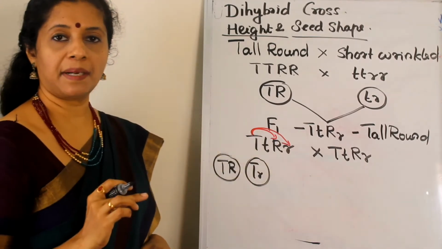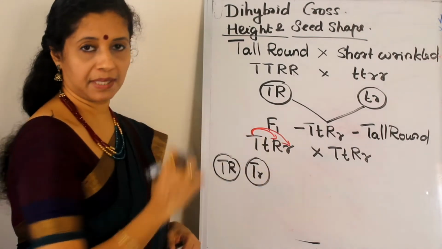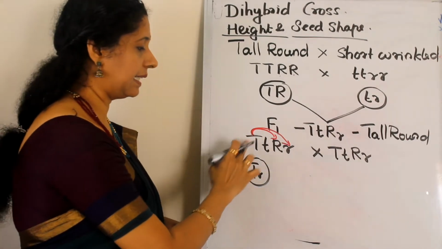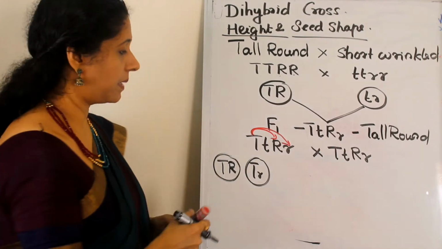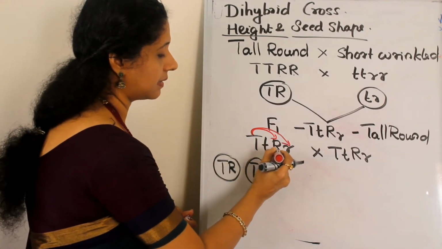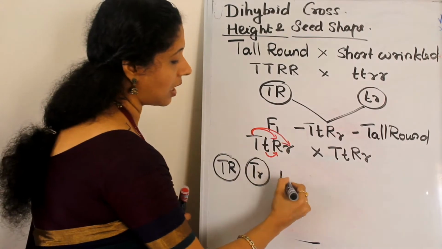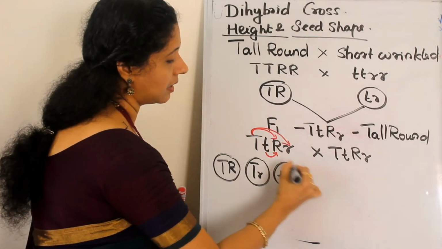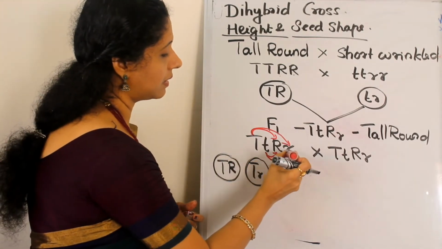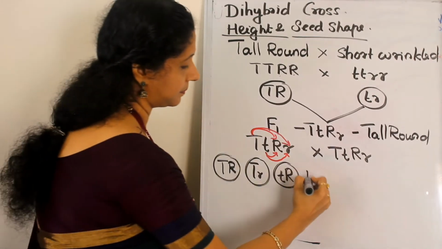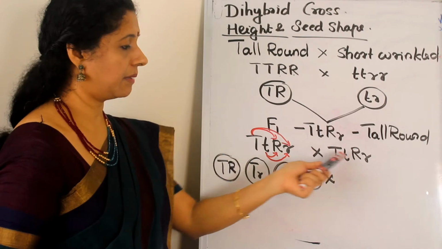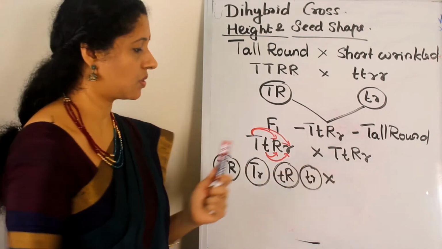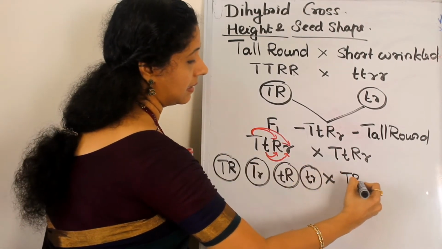So capital T can either combine with capital R or with small r. Now the next combination, small t. It will be with capital R or it can be with small r. This side is the same because they both are self-pollination. So this side also will be same.